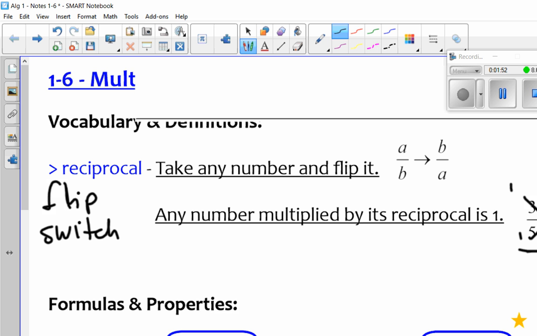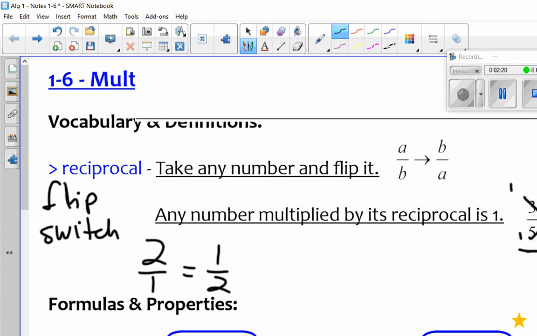Now, a couple other situations come up that are a little unique. If I have a whole number 2 and I want to take its reciprocal, I want to flip that. Got to remember that every whole number is written over 1 as a fraction, but we don't write numbers like that. When I flip it, I should get 1 over 2.